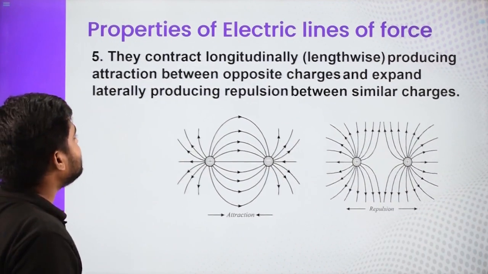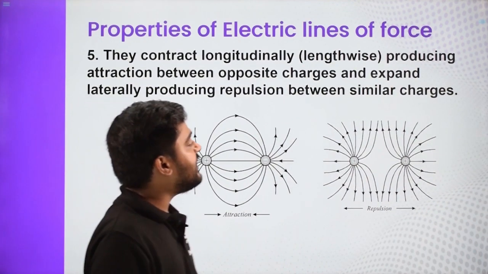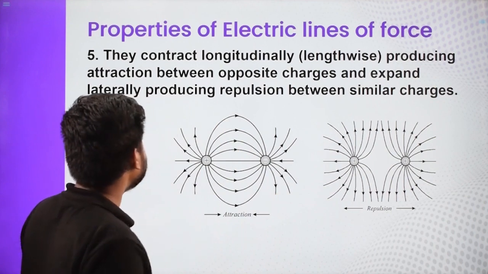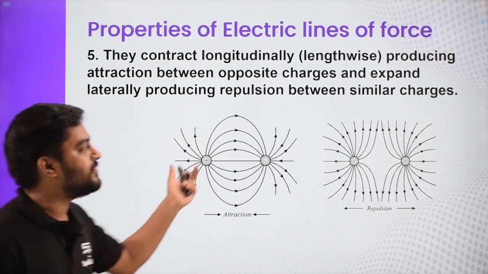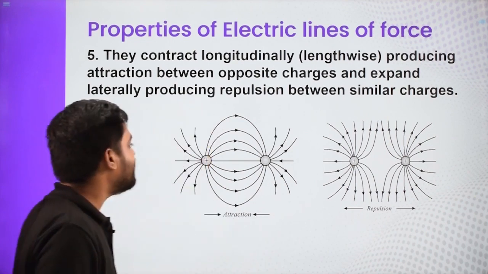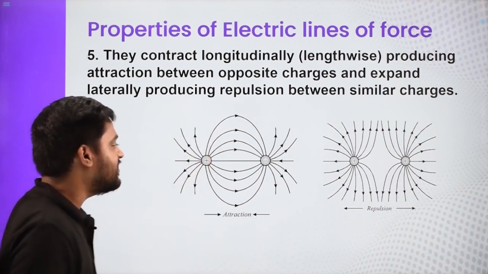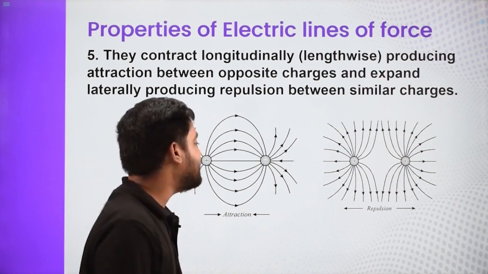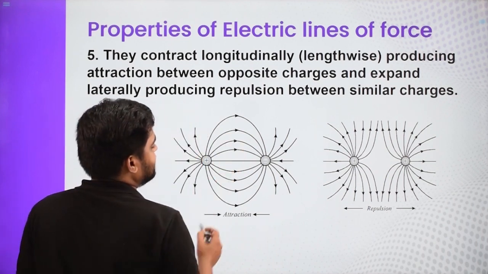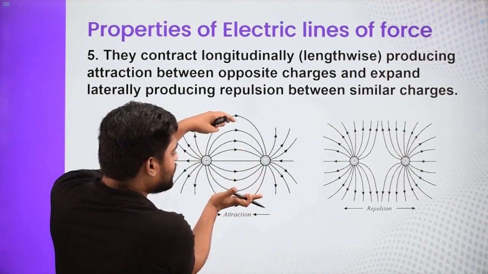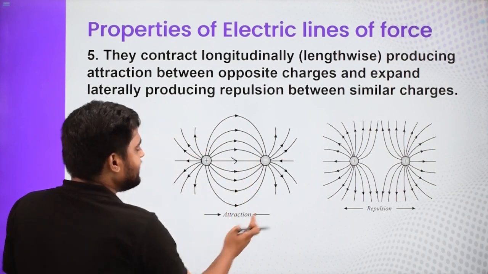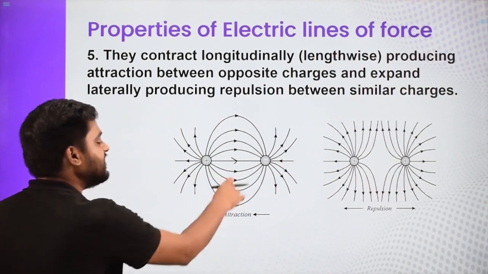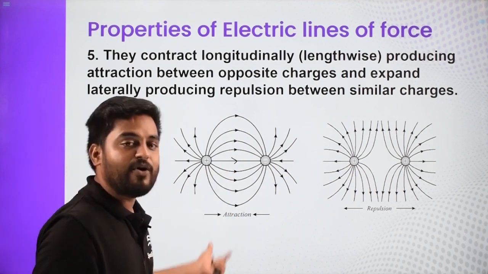Now the next property is they contract longitudinally, that is lengthwise, producing attraction between opposite charges, and expand laterally, producing repulsion between similar charges. So field lines kind of behave as elastic strings which have been stretched and are trying to compress. So here they are trying to decrease the length, due to which they will kind of attract, like these will produce the attraction between these two charges, the positive and negative.